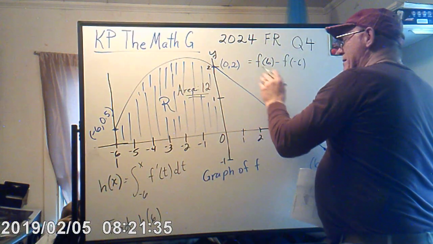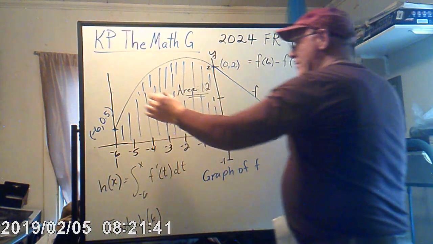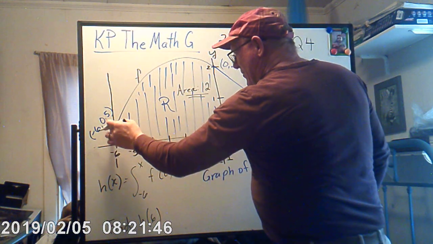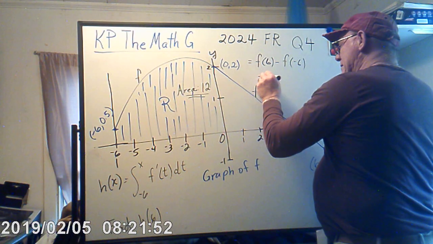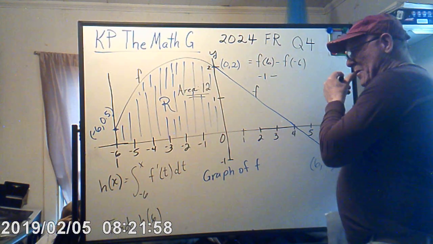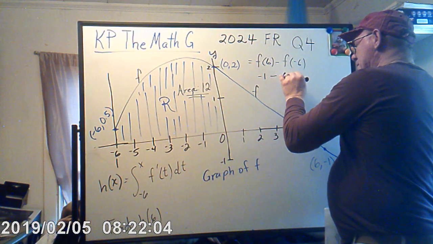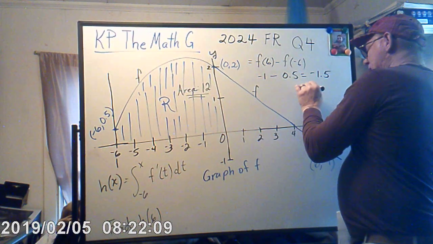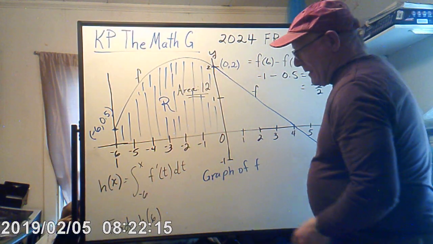So all we need to do is find this, which is a function of f. Both of these sides are f. So f at 6 is -1, the point 6 comma -1, minus f at -6, which is 0.5, and so that's negative 1.5, or equal to negative 3 halves. Okay, so there you go.